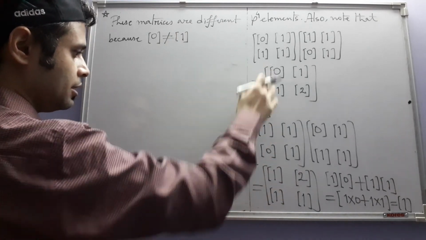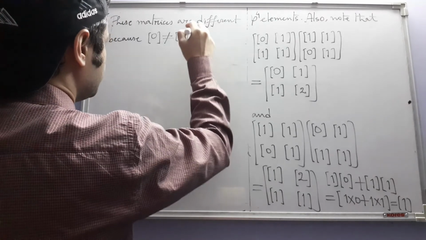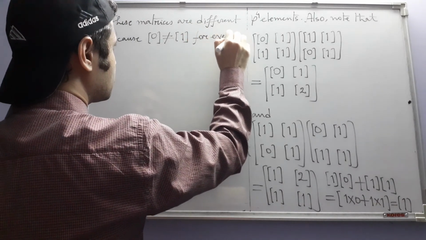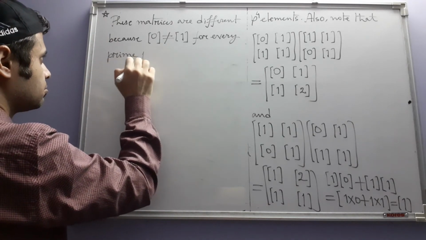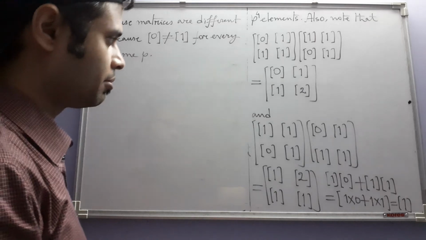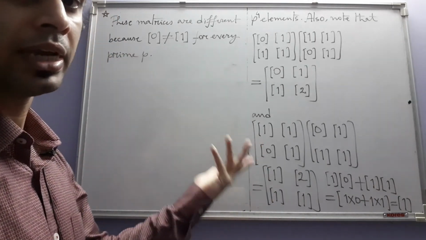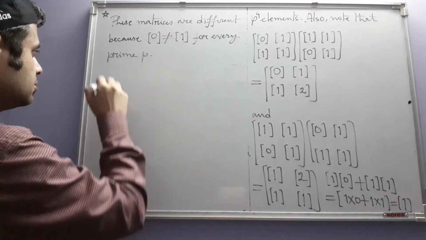So if these two entries are different, then the matrices cannot be same for every prime P. So it does not matter what prime P actually is. We will never have this, but what is the reason?